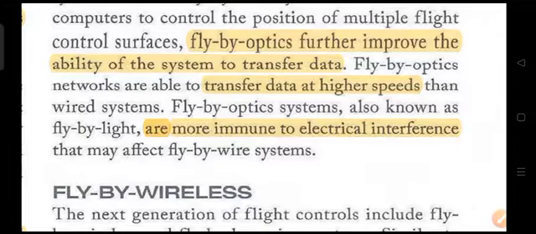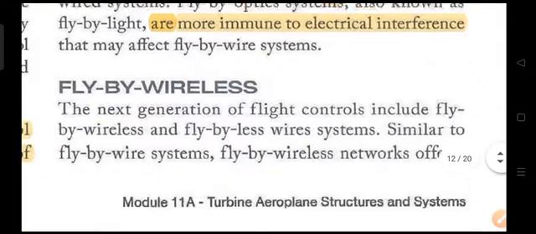When there are a lot of units together, sometimes one avionics unit gets clogged or stopped, or its function is retarded due to some other avionics unit, because of electromagnetic interference. That will not be there in a fly-by-optics or fly-by-light system, because light is not distracted by electromagnetic waves.